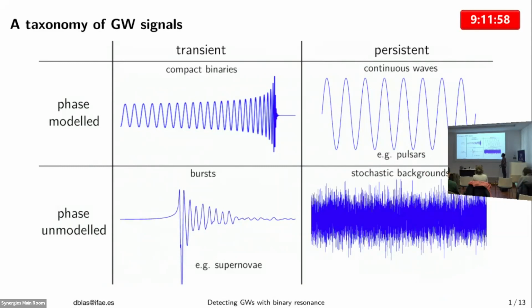First, just to put everyone on the same page on gravitational waves and the ones I'm going to discuss, there is this simple way of classifying gravitational waves. They can be either transient or persistent: something that just bursts in the universe, or a binary that is orbiting for a long time and generates a very nicely phase coherent signal.